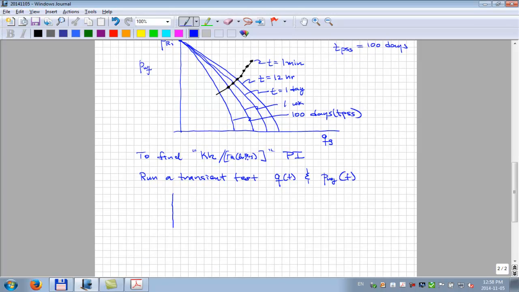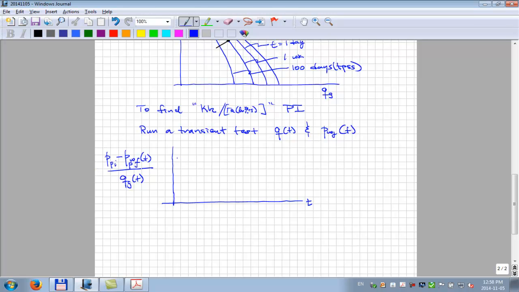And to do the analysis properly, you have to use pseudo pressure. You have to take the initial pseudo pressure minus this as a function of time over rate as a function of time. This is what we talked about last Thursday, this rate normalization effect, or the Weinstock and Colpitts guys.